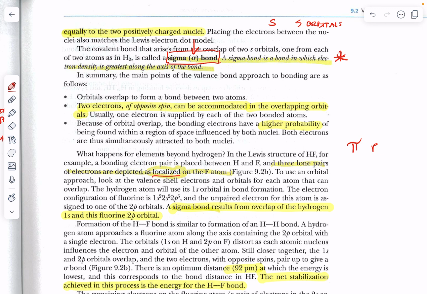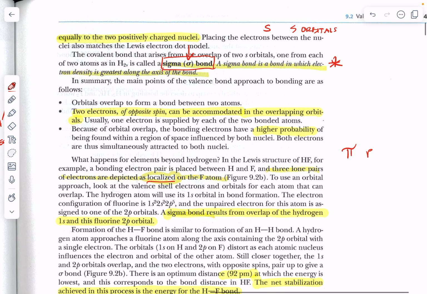And so a sigma bond is a single covalent bond in which the electron density is greatest along the axis of the bond. So if we have this right here, our electrons are right on here, here's my axis. We've pushed the two balloons together along this axis to create this overlap between the two orbitals, orbital overlap.